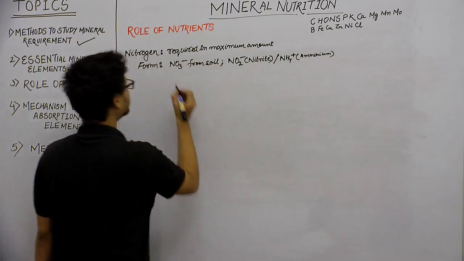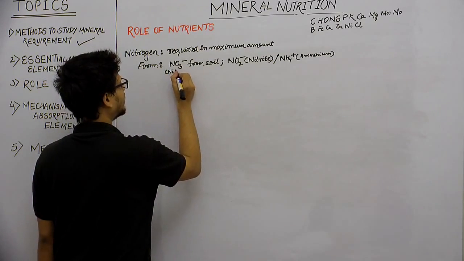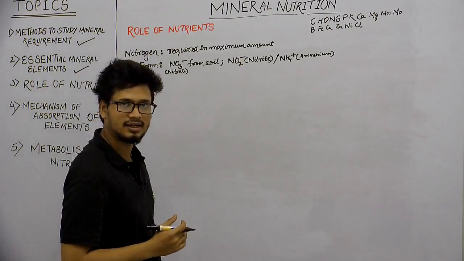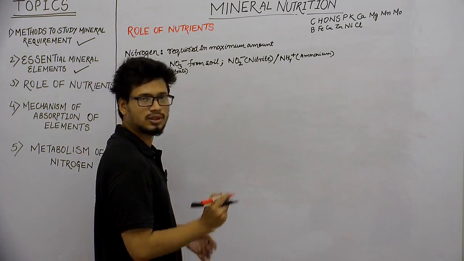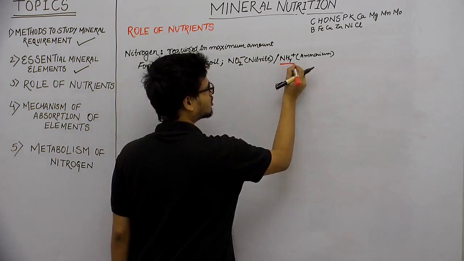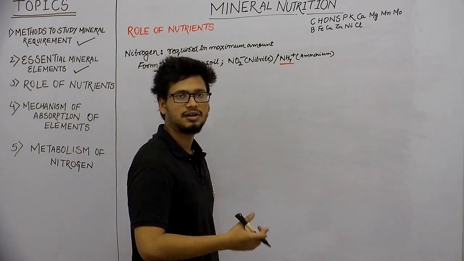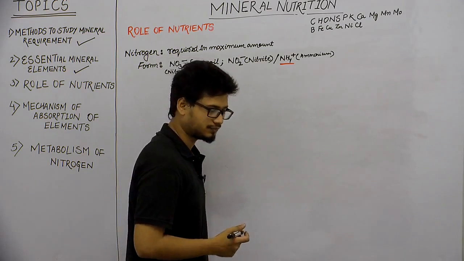And this one is our nitrate. Usually the plant prefers nitrate, and ammonium is a bit toxic to the plant. So we will study later how the plant gets rid of excess ammonia.